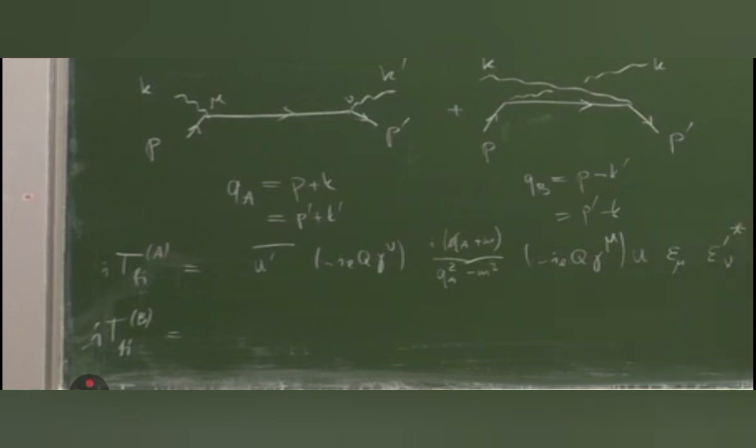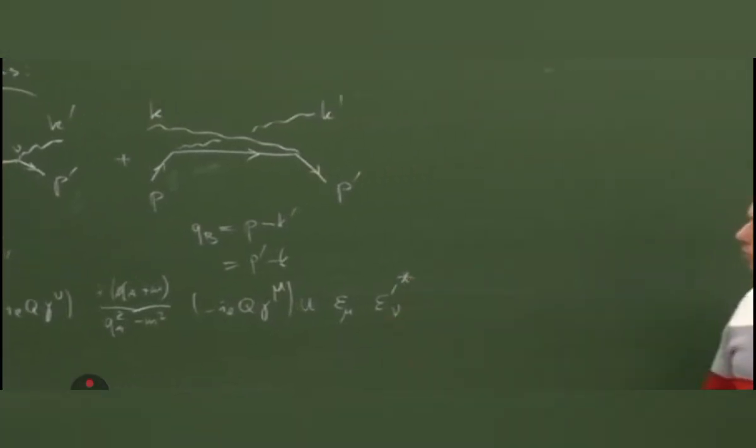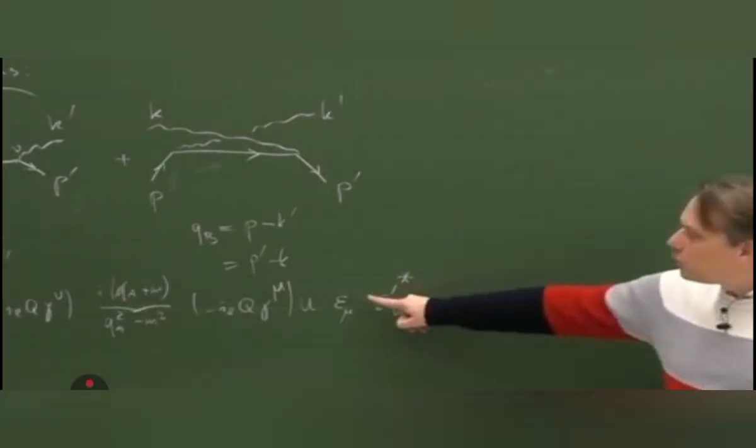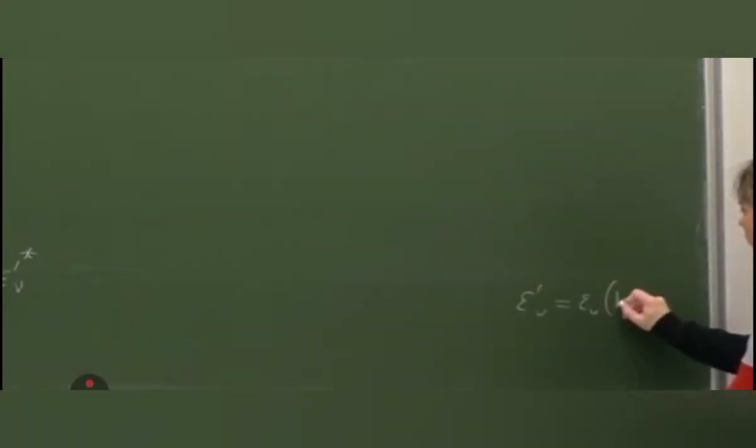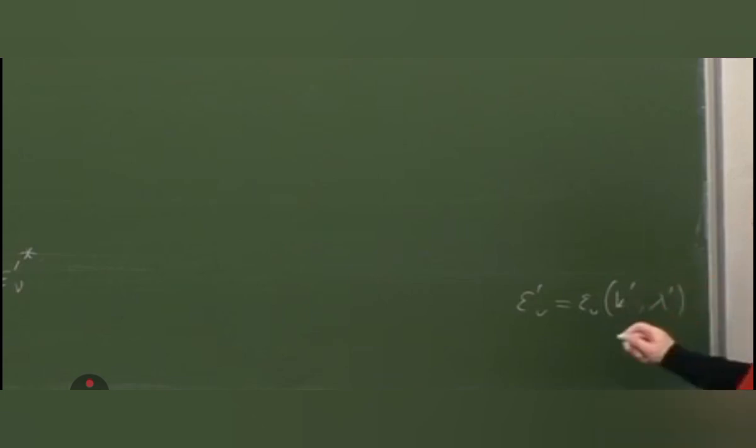The star is because the outgoing photons always get a star in the polarization vector, and the prime simply denotes which photon we are talking about, instead of writing down the arguments. So just to avoid confusion, epsilon prime mu is epsilon mu of k prime and lambda prime, but I will not write this explicitly.